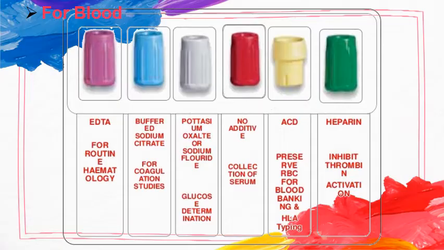It is used for plasma collection, as heparin prevents clotting by inhibiting the thrombin and other clotting factors. Next is your gray, with potassium oxalate or sodium fluoride. This is used for glucose and lactate tests, as sodium fluoride prevents glycolysis and preserves glucose level in your blood.